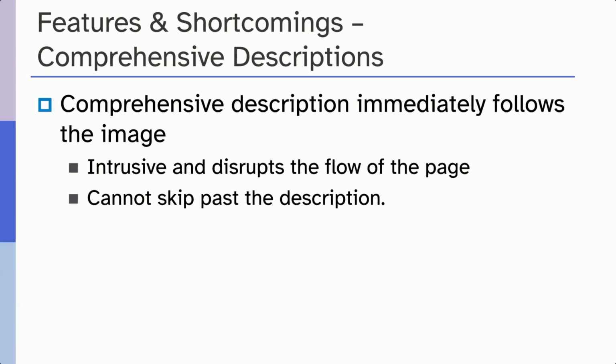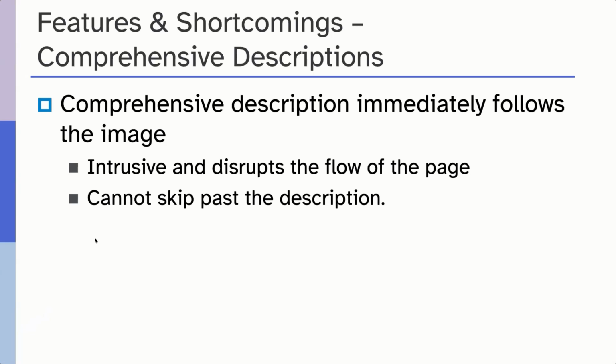It can be intrusive, and a mainstream publisher probably wouldn't want to have their beautiful book cluttered with this information that most people don't need. You cannot get past that description very easily. And many times people who can see the image just don't want it. So getting past it is difficult.